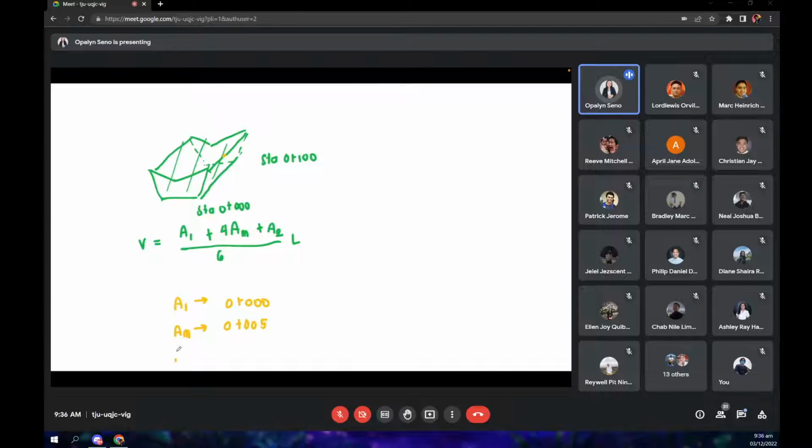And then area 2 is your last station at 10 meters, so this is 0 plus 010. And then your length is 10 meters, since each station is 10 meters apart. So that would be 10 meters for the length.